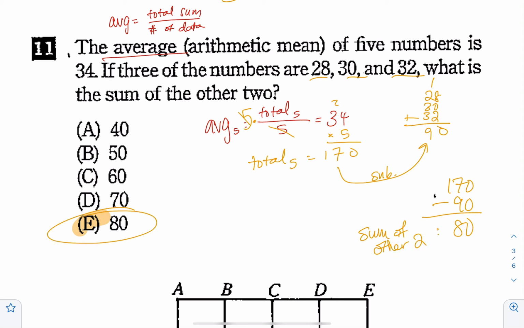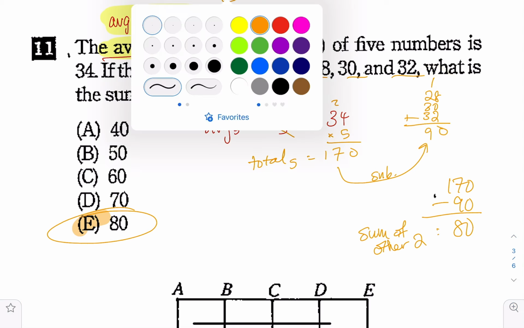And that's going to be choice E. So here the key is to use the definition of average, which is the total sum divided by the number of data, to set up the equation, and then solve for the total, which you can then use to subtract the numbers that you have to figure out the sum of the remaining numbers.